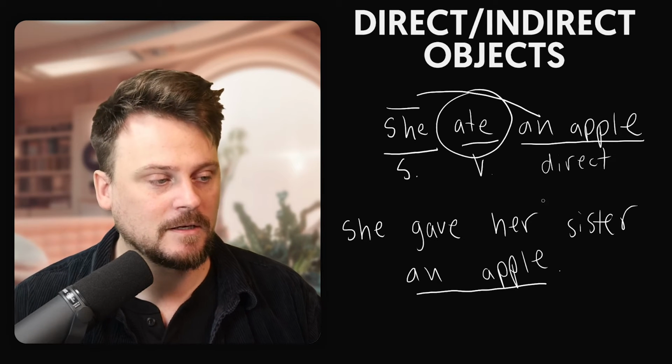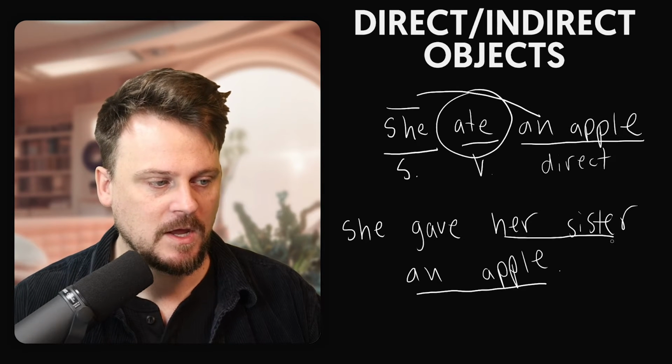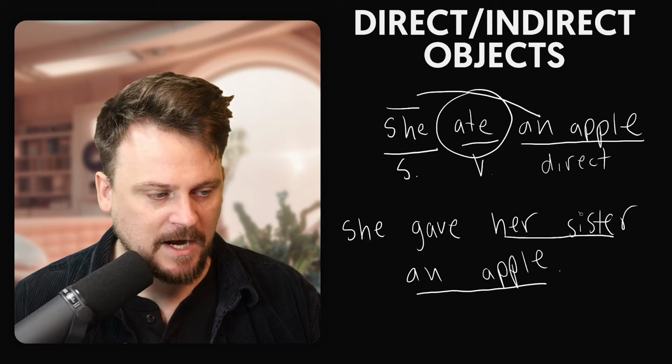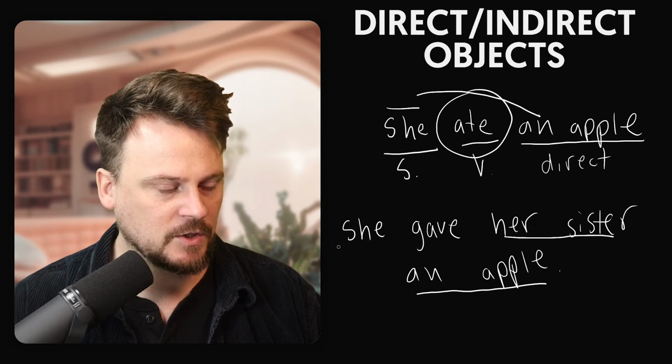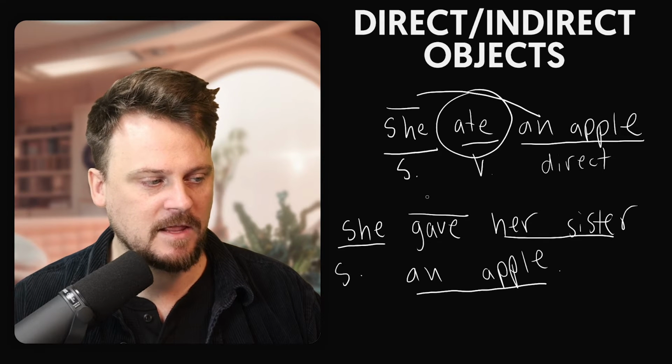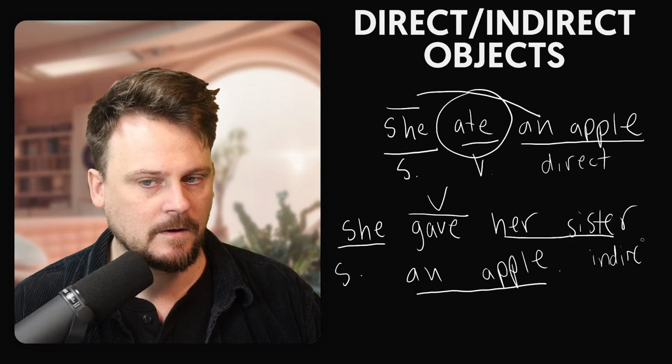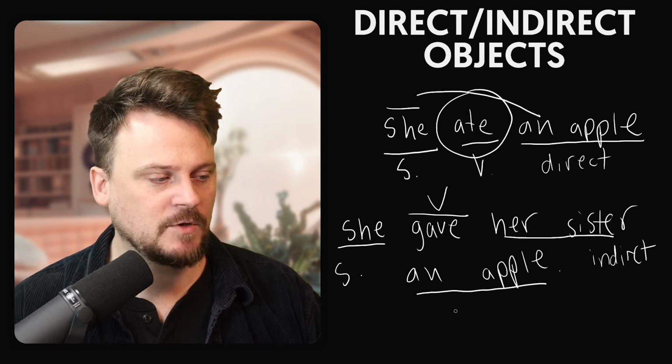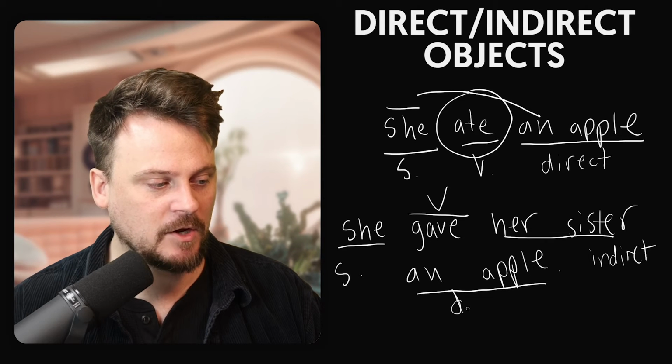Who received it? Her sister. So again, the indirect, and so here let's label this again. So she is again the subject, and gave is again the verb, and her sister now is the indirect object, and an apple is now still the direct object.